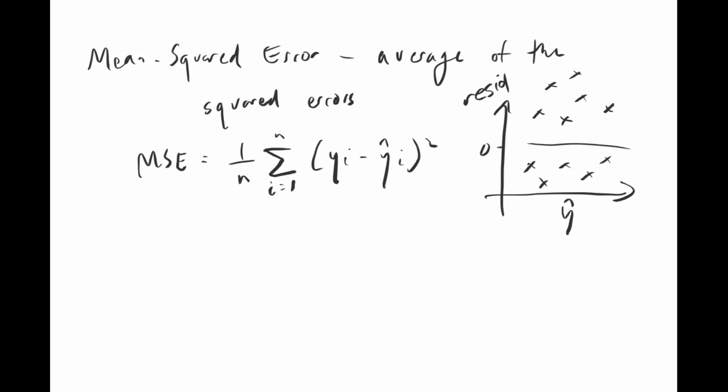And in the previous example, model 1 versus model 2, it's a similar idea: the tighter the residuals are around 0, the smaller my mean squared error is, and the smaller the average error overall in my model.